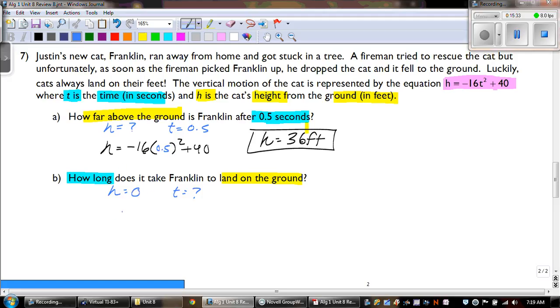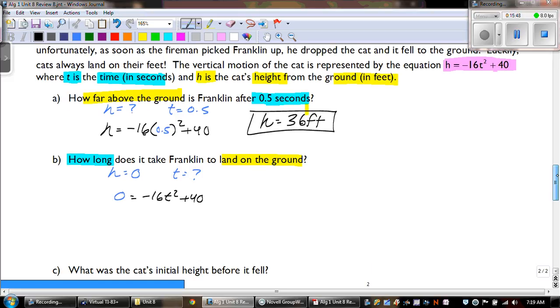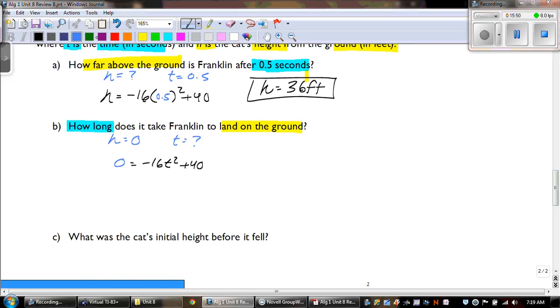Okay, so we have 0 equaling negative 16t squared plus 40. Okay, and we can do reverse order of operations, inverse operations to solve. So to do that, I'm going to subtract 40 from both sides.